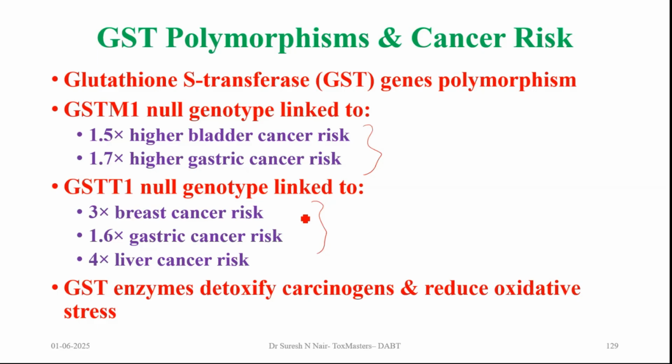Again, the polymorphism that is happening in the GST. Times higher breast cancer, 1.6 times the gastric cancers, 4 times the liver cancers can happen. So not only the drug metabolizing enzyme, even simple enzymes like the glutathione transferase polymorphism can lead to making the person more susceptible to cancer. They will not produce really the cancer directly, but they make the persons susceptible to the cancer.